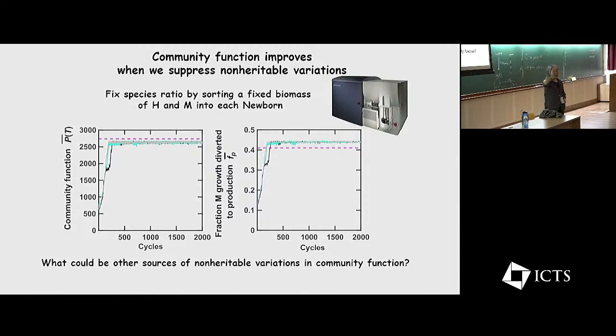Which is when you pipette, the species ratio will fluctuate around some level. But what are the other sources of non-heritable variations you could encounter during the selection? So that essentially as noise, you get the high community function, not because it's good, but rather because it's lucky.